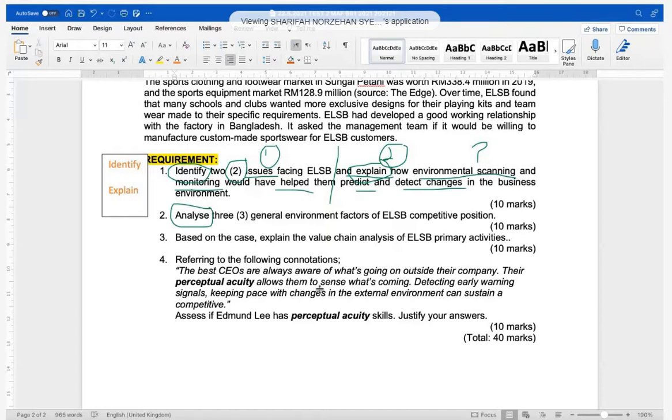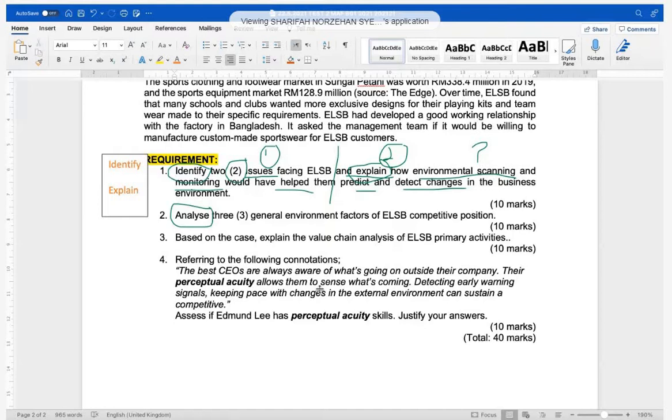Sorry, madam, what does analyze mean? Let me see if I still keep it. I will share with you what the verbs are. Those are the task words, or what they call verbs.